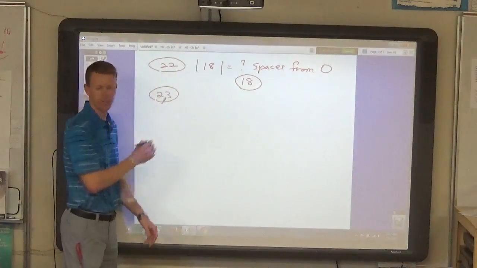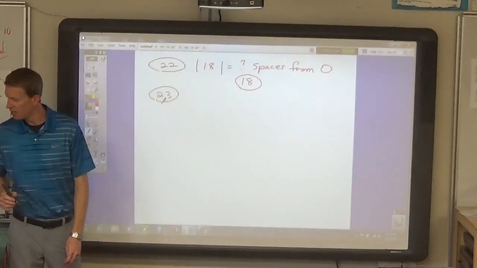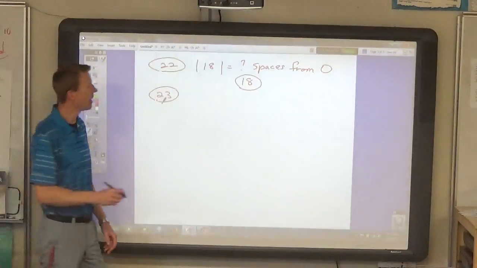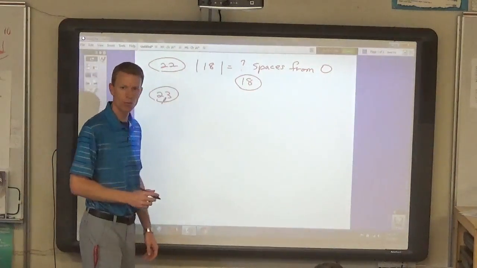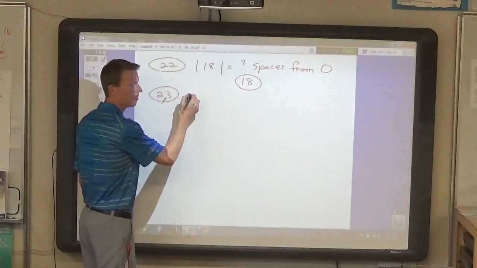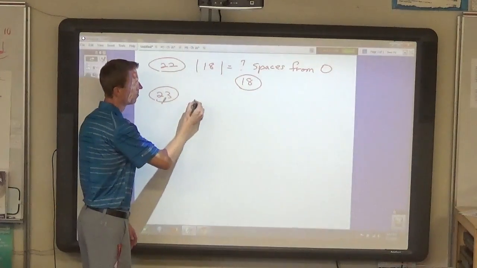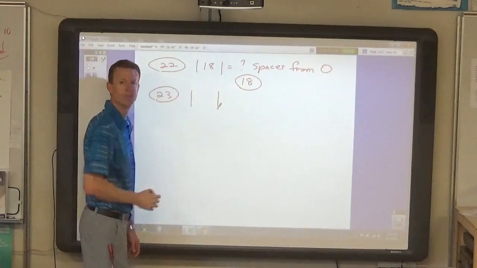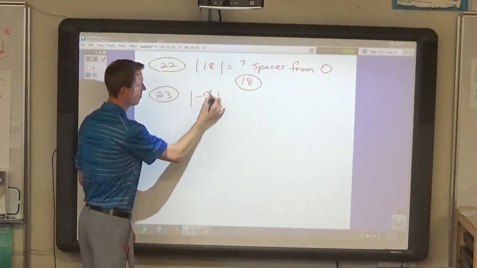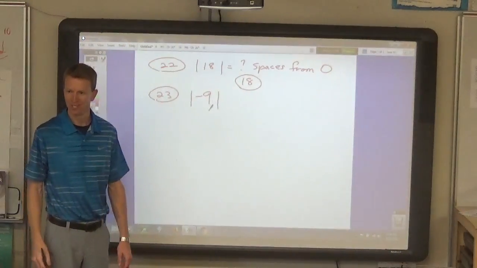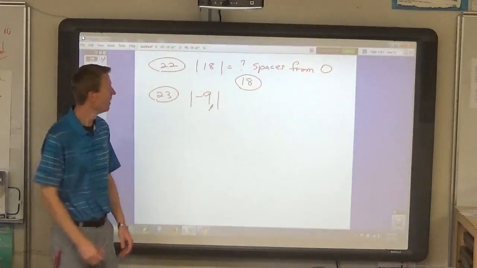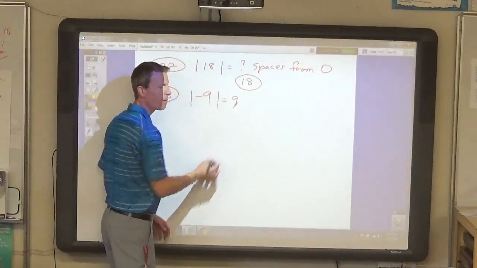Number 23. The absolute value of -9. How would you write that? Nate? One of those lines, then a -9 and then another line. Good. Equals 9. That's 9 spaces, isn't it?